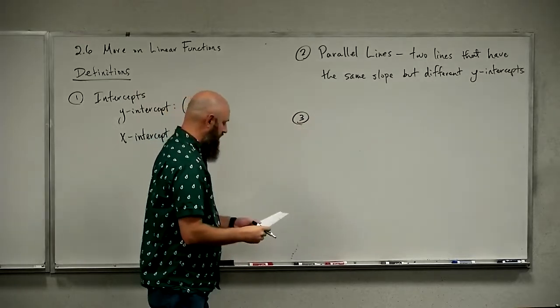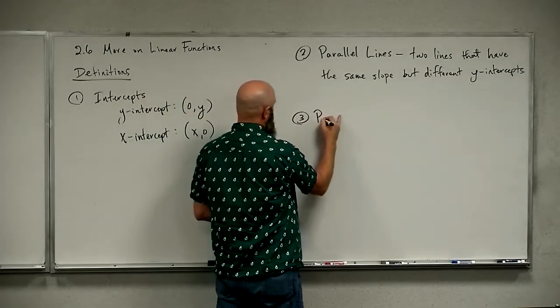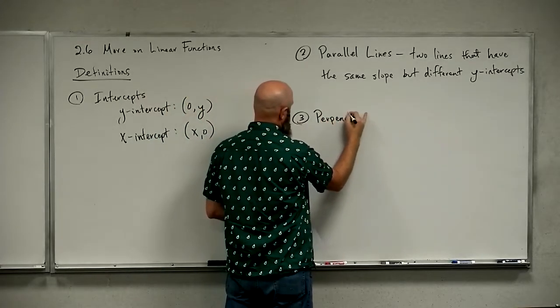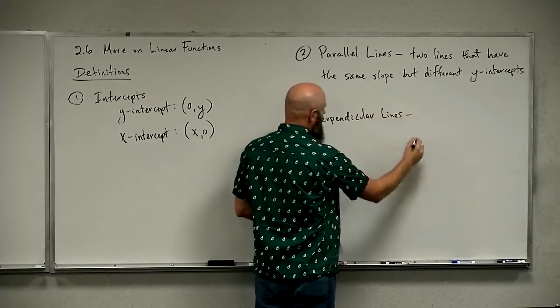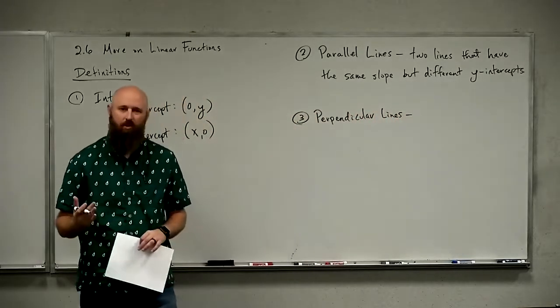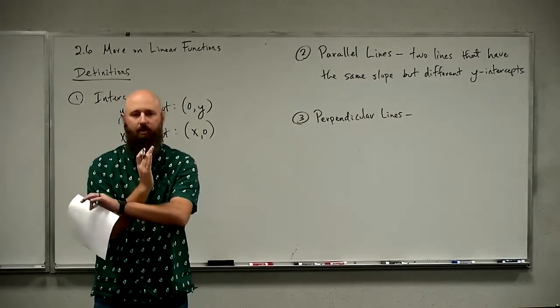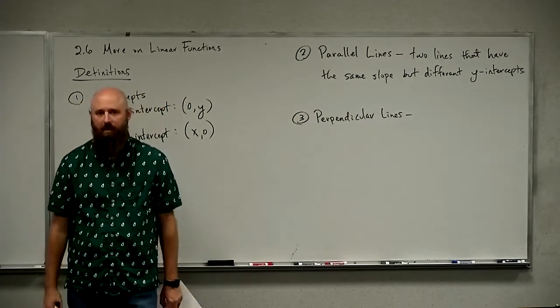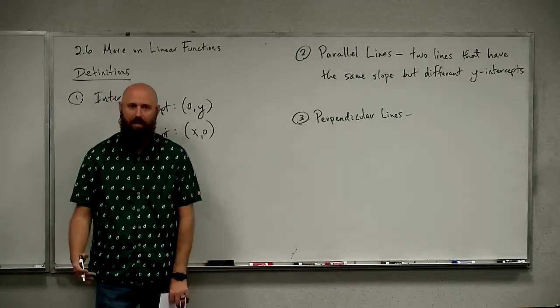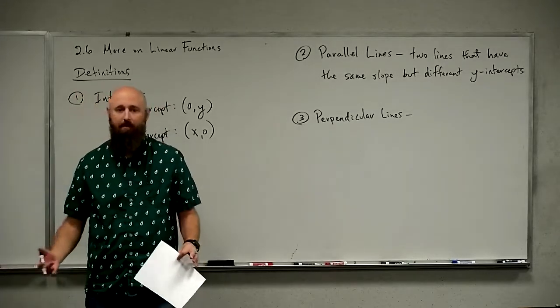The other one that we want to look for is perpendicular lines. Now, perpendicular, if you remember, that means that the 2 lines cross at a 90-degree angle with them. So that's kind of special. That doesn't happen very often. So we want to recognize that things make that happen.